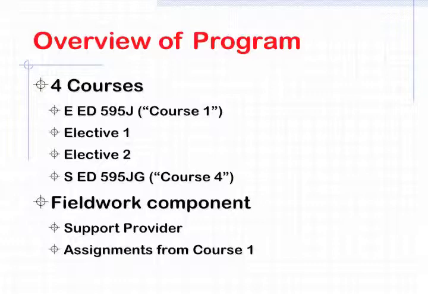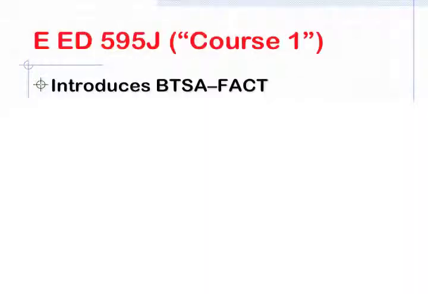But for those who are unemployed, we require that they have 72 hours of field work supervised by a host teacher, and there are some specific things that they have to do during those classroom hours that satisfy assignments from Course 1. And so I'm going to turn it back to Susan to talk a little bit more about Course 1.